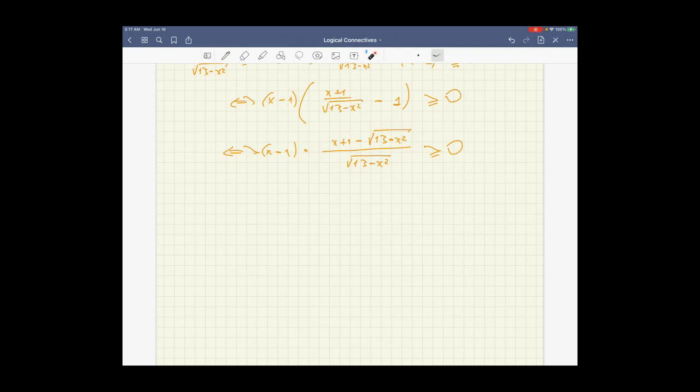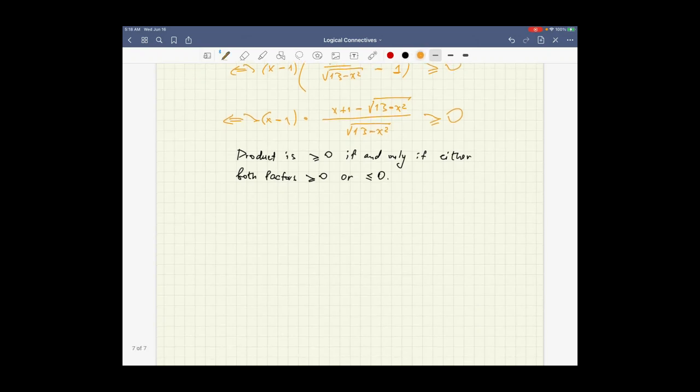non-negative. When is the product of two things non-negative? A product of two things is non-negative if and only if either both are non-negative or both are non-positive. Product is greater or equal than 0 if and only if either both factors are greater or equal than 0 or less or equal than 0.